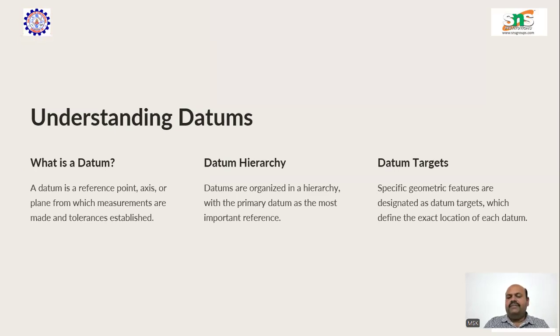A datum is a reference point that is taken in a plane from which measurements are made. And from the datum, the tolerances are established. So there is a datum hierarchy, in which the most important reference is the primary datum. And we have datum targets.